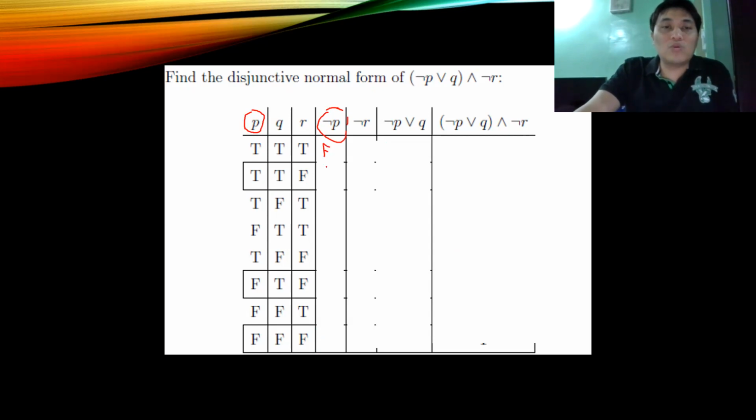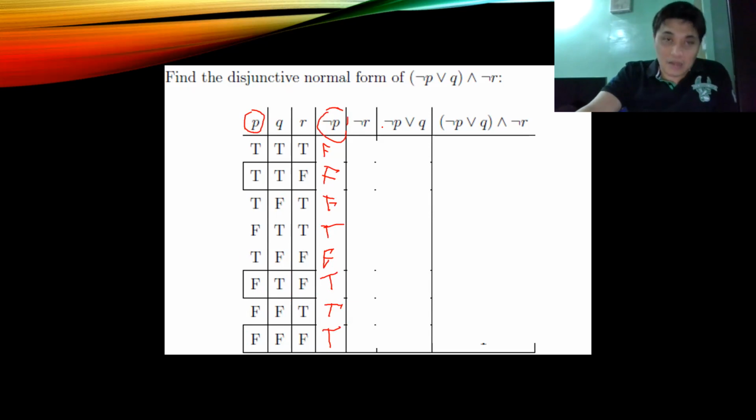If the value is false, this is true. If the value is true, this is false. So we have false, false, true, true, false, false, false, false, true, true.